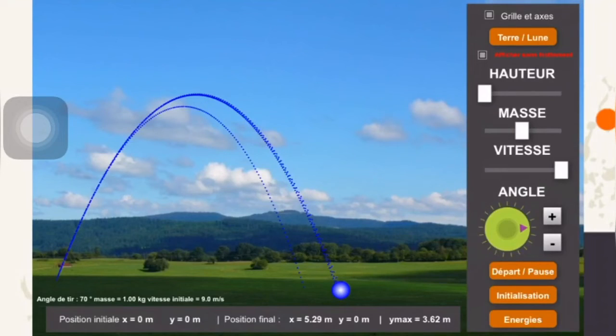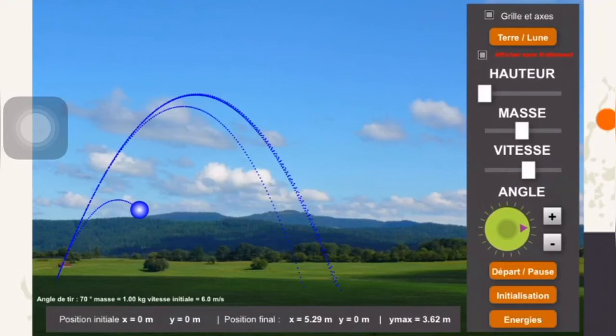Okay, and let me vary the velocity. This shows the variation of velocity. You can see now it is 9 meters per second. If I decrease it to 5 or 6 meters per second, then let me play the animation.